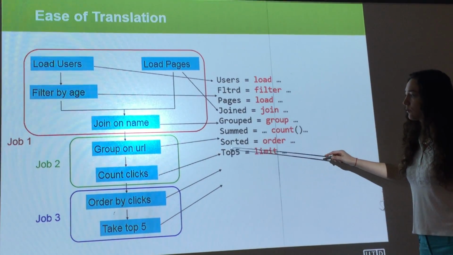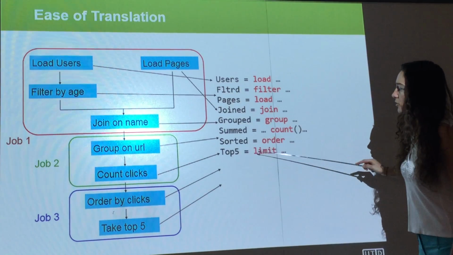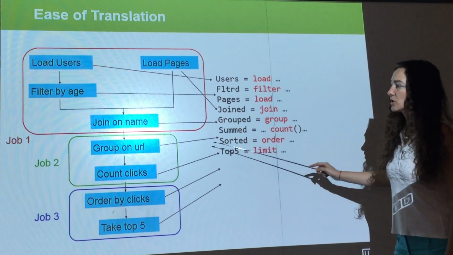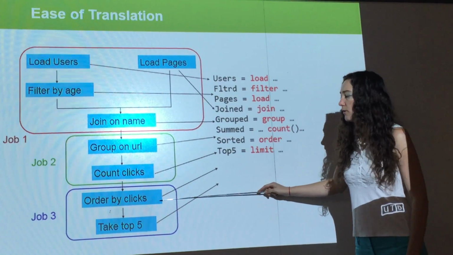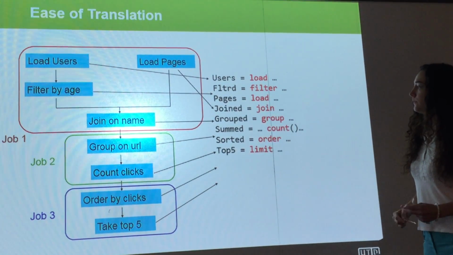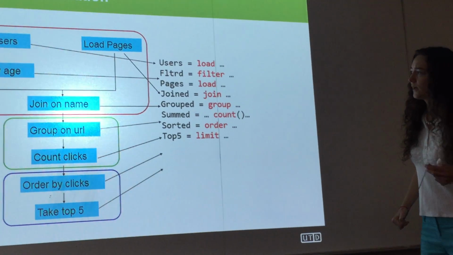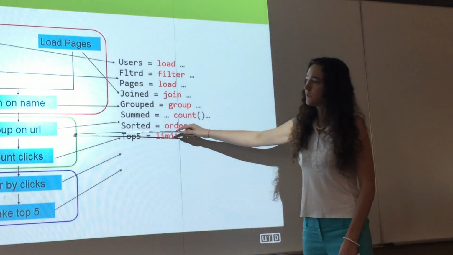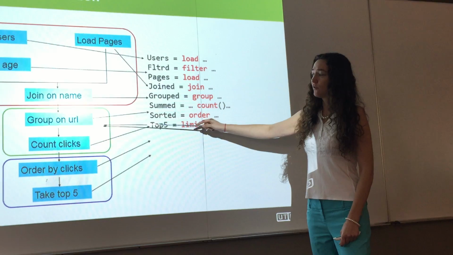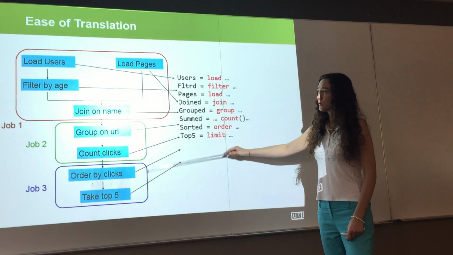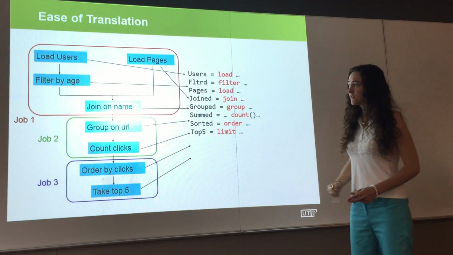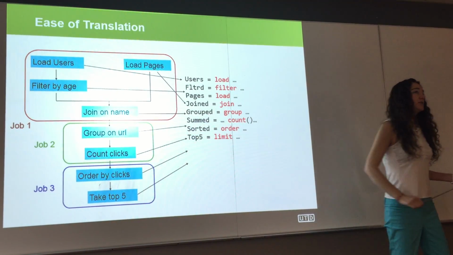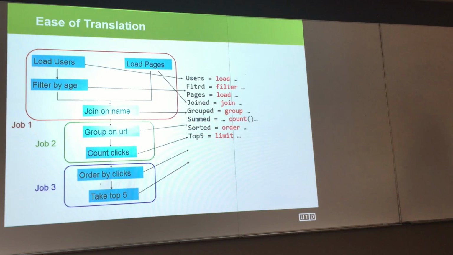Over here, sorted and top 5, those functions will go into a separate job. And then job 3, order by clicks and take the top 5. Like we said before, there could be more than one mapper doing the same functions, but it does run on top of MapReduce, so it does issue batch jobs for it.